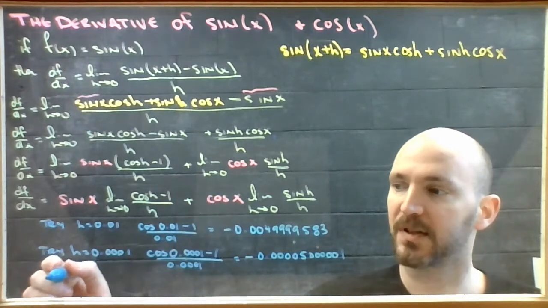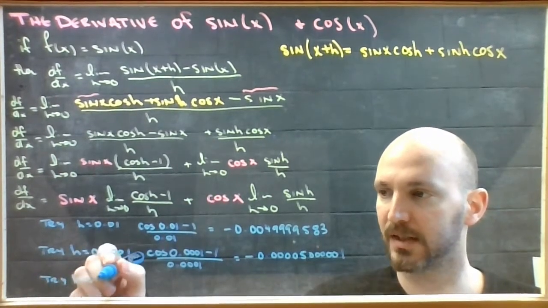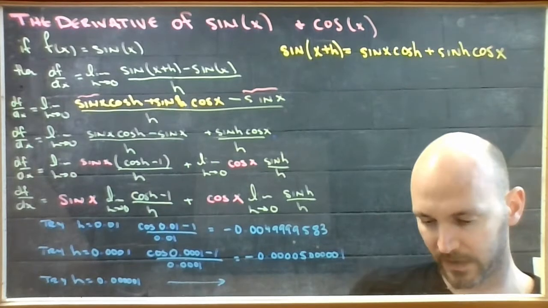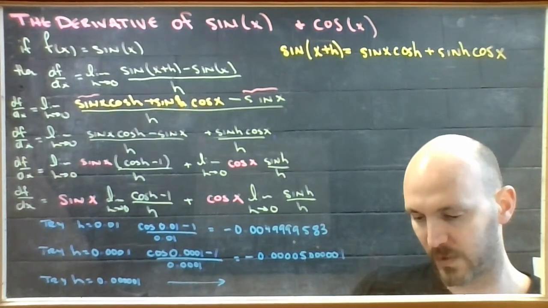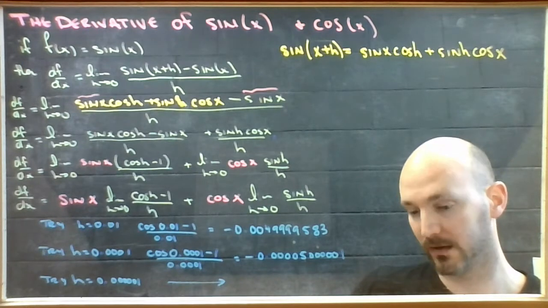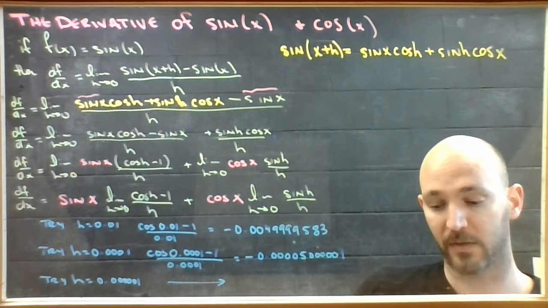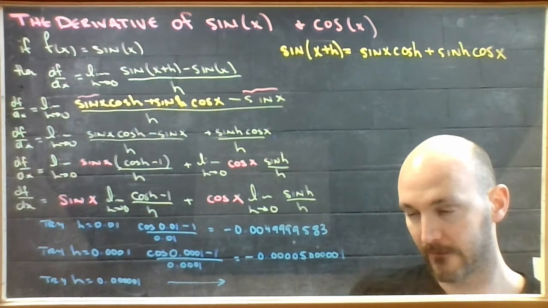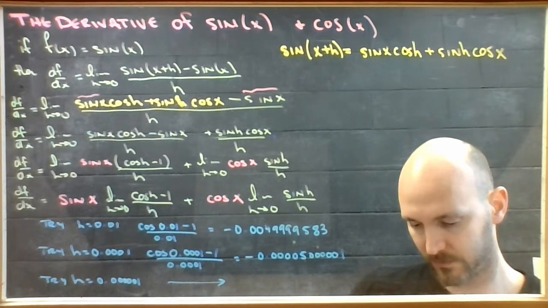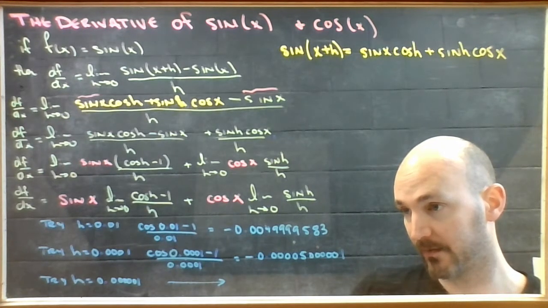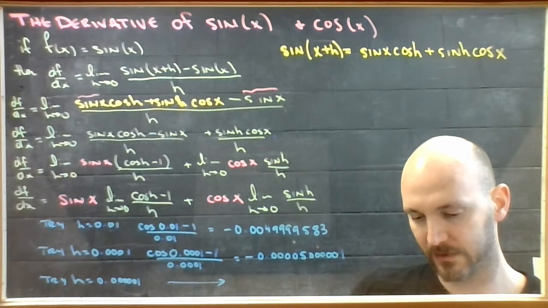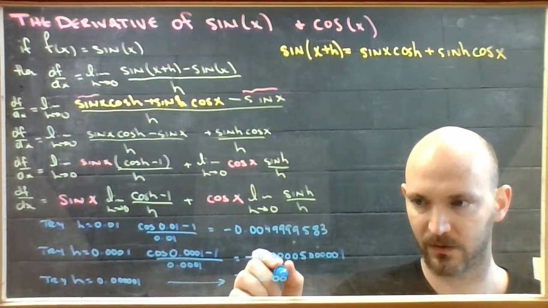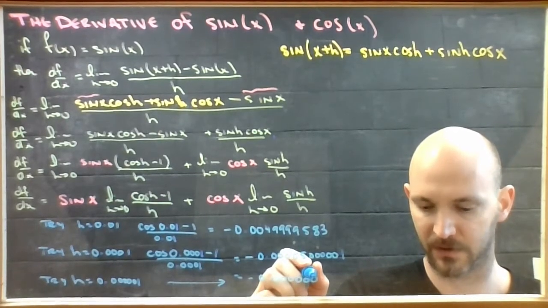So let's try one more time just to make sure we've got a pattern going. Try h is 0.00001. If I put that into the calculator, cosine of 0.00001, the calculator I'm using has already rounded that to 1. Minus 1 equals 0, and then divided by 0.00001 gives me negative 0.0000005.